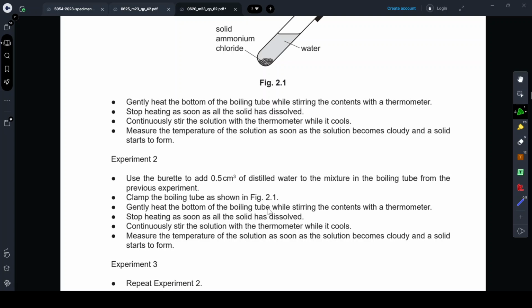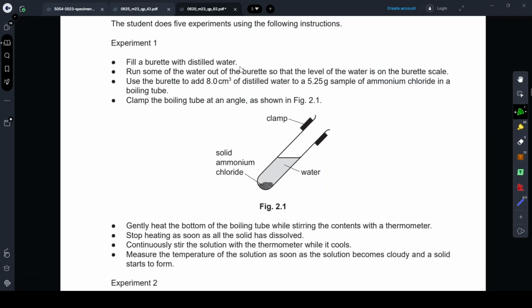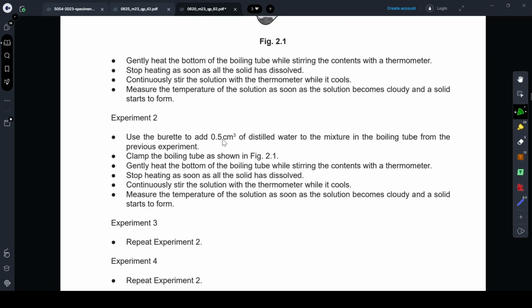Gently heat the bottom of the boiling tube while stirring the contents with a thermometer. Stop heating as soon as all the solid is dissolved. Continuously stir the solution with the thermometer while it cools. Measure the temperature of the solution as soon as the solution becomes cloudy and a solid starts to form. So basically repeating everything. The only difference is you took all that you did, you didn't throw it away, you added another half centimeter cube, you did all of that again.